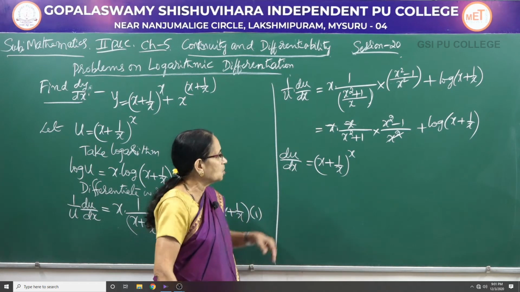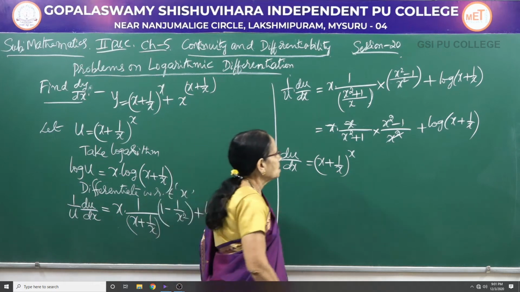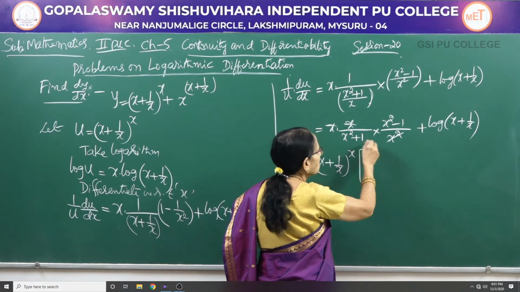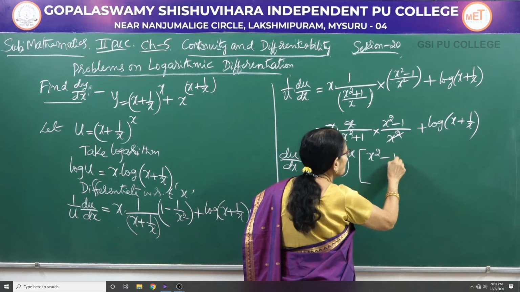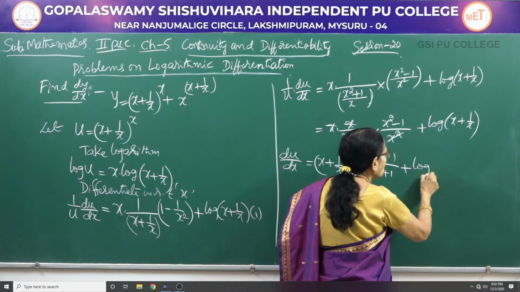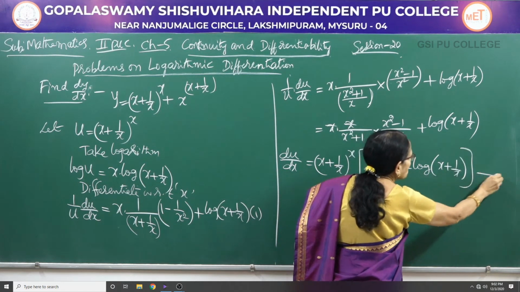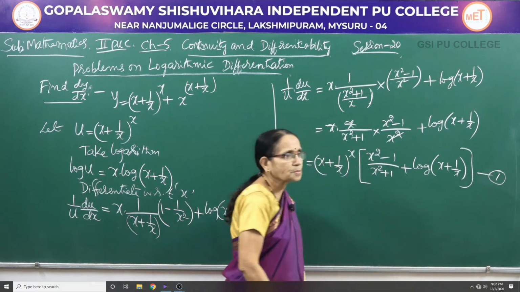Therefore, to do the differentiation, we cannot write u and v in the final answer. Now, into this one, it is x square minus 1 over x square plus 1 plus logarithm of x plus 1 by x. Now, take it as result 1.